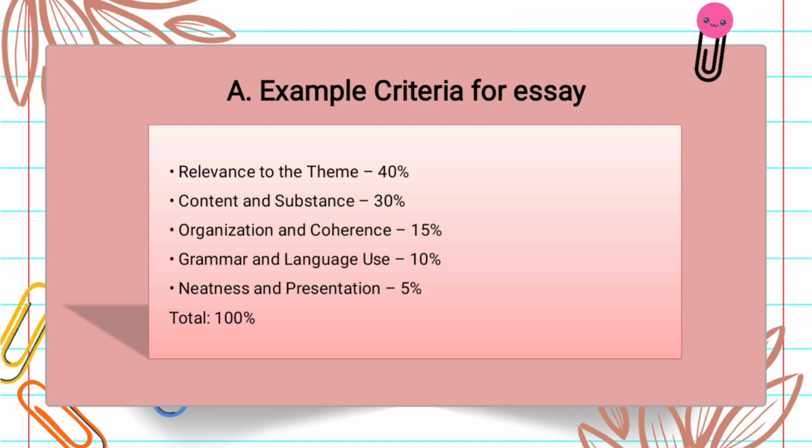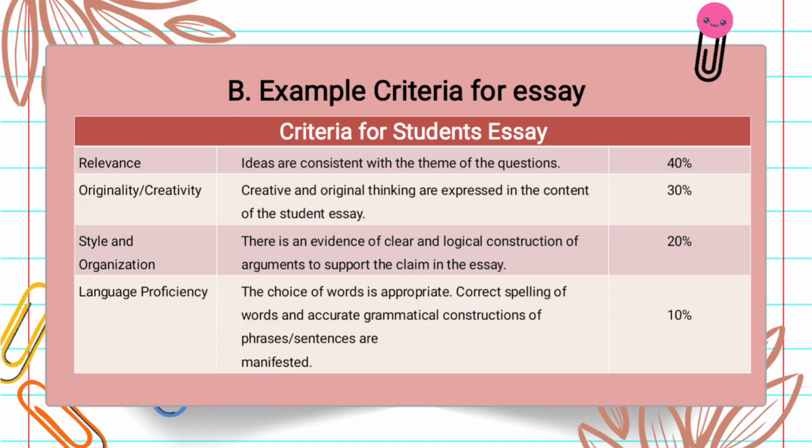Now let's find out some examples of criteria for an essay. So, the first example of criteria for an essay is formatted like this. Score will be given in a percentage format. We also have the same, giving scores to students using percentages, but in a different format, just like this.